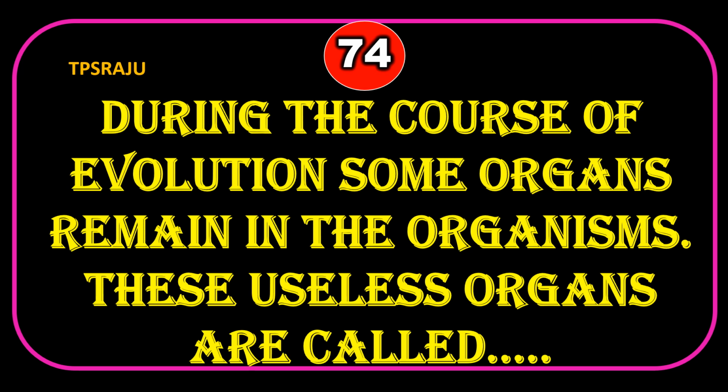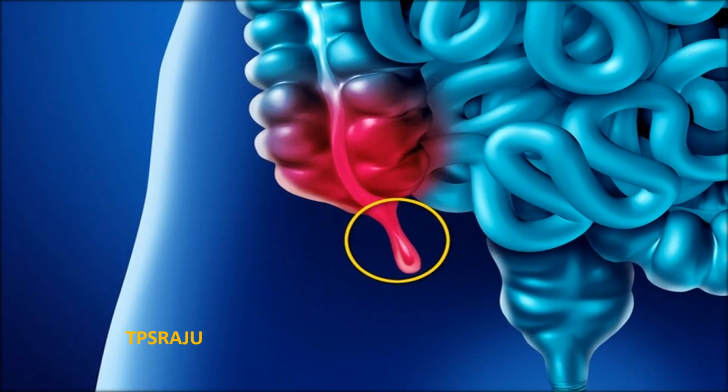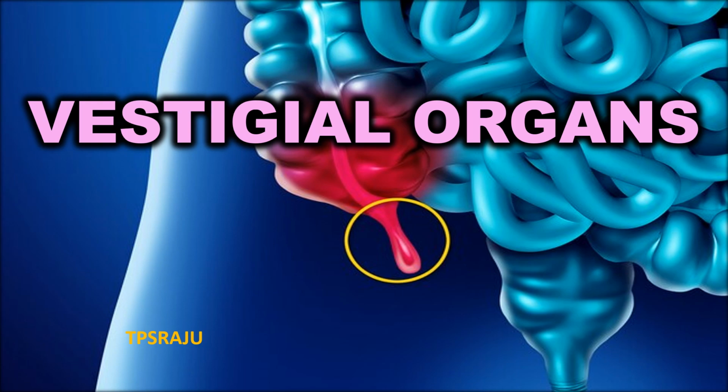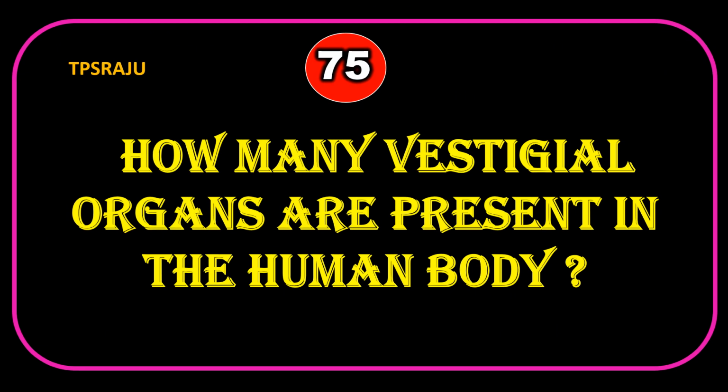During the course of evolution, some organs remain in the organisms. These useless organs are called vestigial organs. How many vestigial organs are present in the human body?